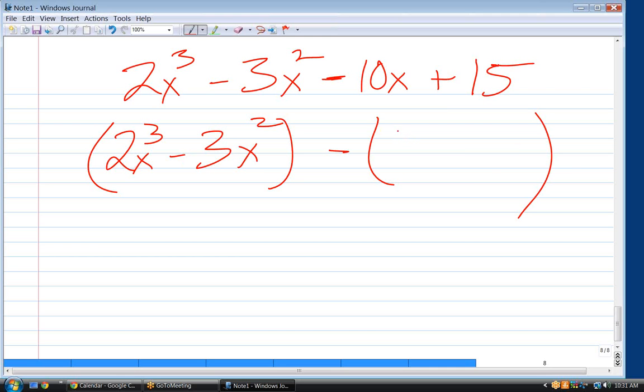What goes over here? 10x plus 15? Now, is that the same thing you started with? No. Then it's not the answer. So, minus 15 because you took a minus out? Exactly. In other words, you have to end up with the same thing you started with.